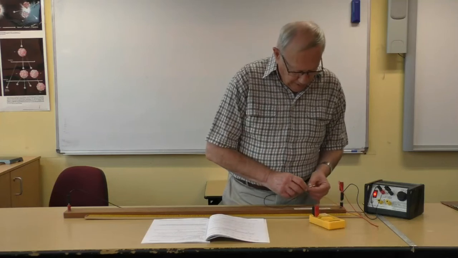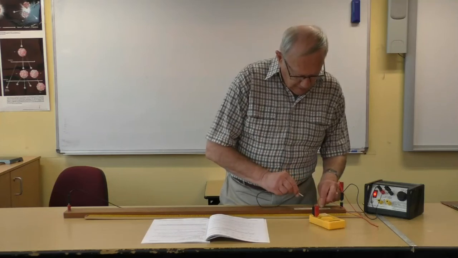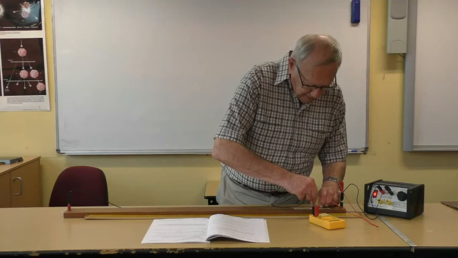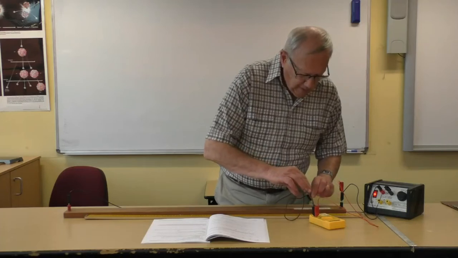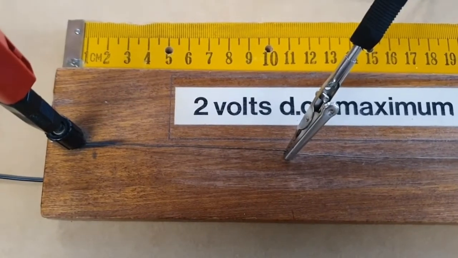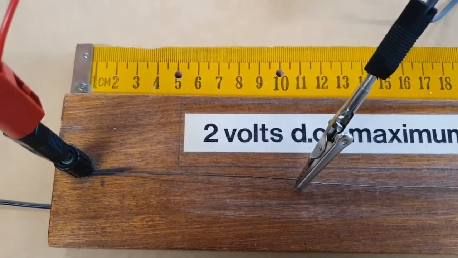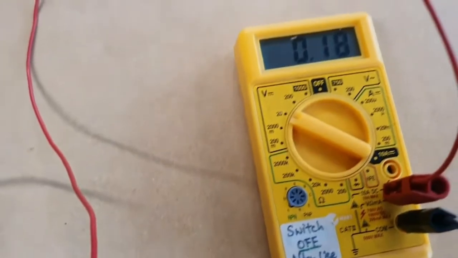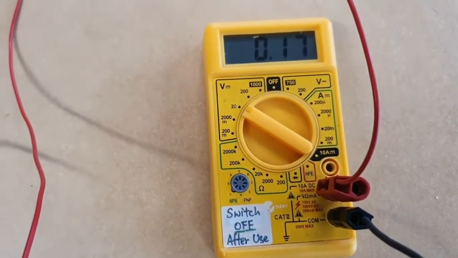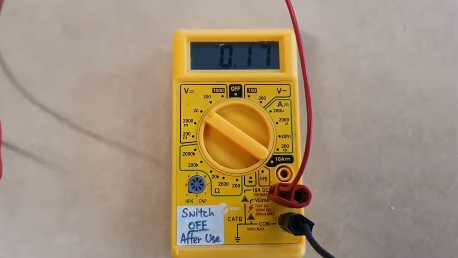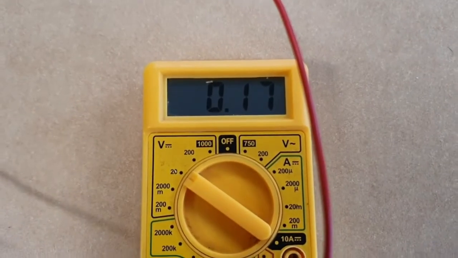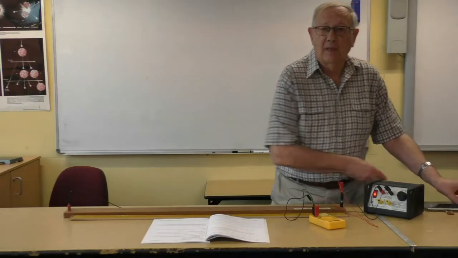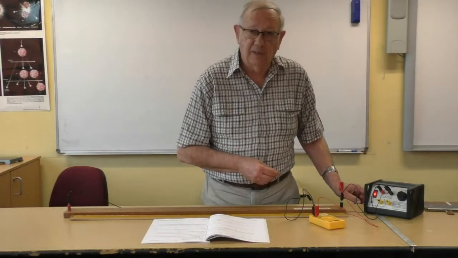So I'll then connect this to a distance of 10 centimeters along the wire, and you can see that there, and the voltage there is fluctuating a little bit, but let's call it 0.17. That's at 10 centimeters.